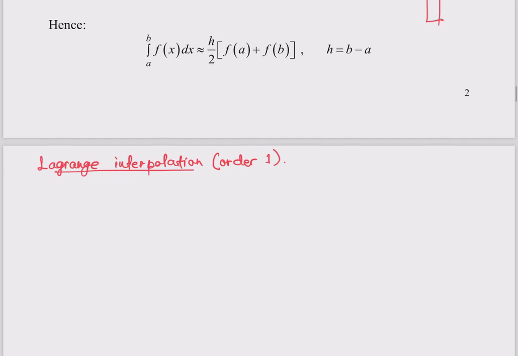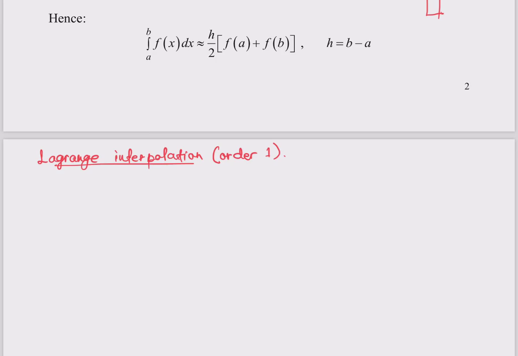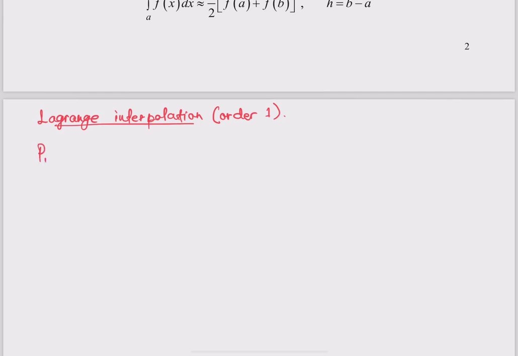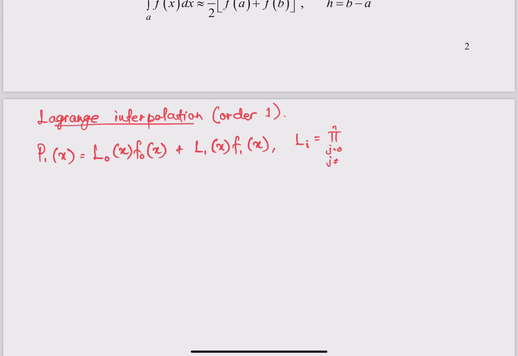As you remember, the Lagrange interpolation of degree 1 is given by P1(x) equal to L0(x)F0(x) plus L1(x)F1(x), where Li is equal to the product for j equal to 0 to n, where j cannot be i, of (x minus xj) divided by (xi minus xj).